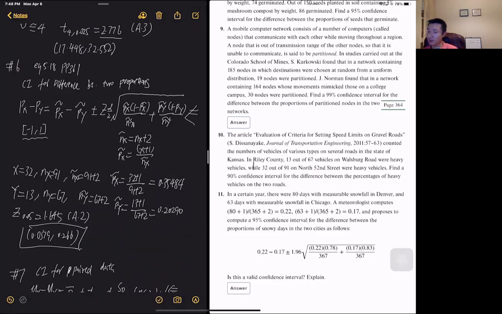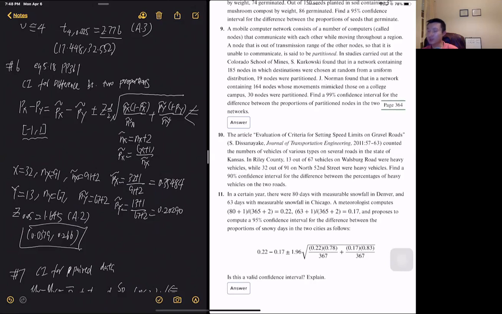In one county, 13 out of 67 vehicles on Washburn Road were heavy vehicles. In another county, 32 out of 91 on North 52nd Road were heavy vehicles. The question asks for a 90% confidence interval for the difference between the percentage of heavy vehicles on the two roads.